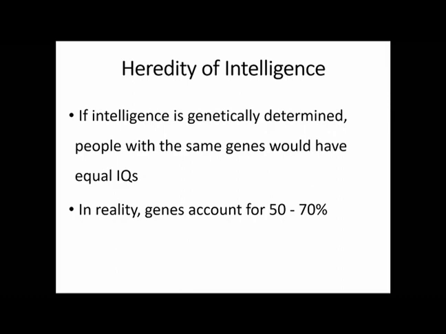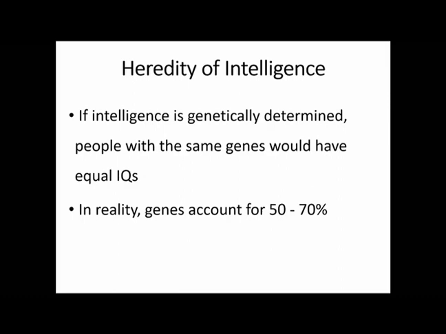So the correlation there between siblings in terms of IQ would be less than that you see with identical twins. And that correlation between siblings should be similar to the correlation that you see between parents and offspring, because both siblings and parent-offspring pairs have that 50% genetic sameness.